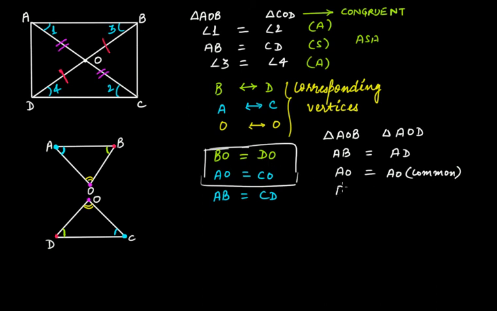From here, since the diagonals bisect each other. So BO is equal to DO. So from this we can say that it's S, S and S. From SSS, that is side criterion, we can say these two triangles are congruent. Okay, so these two triangles are congruent.